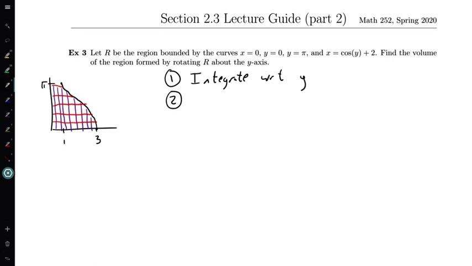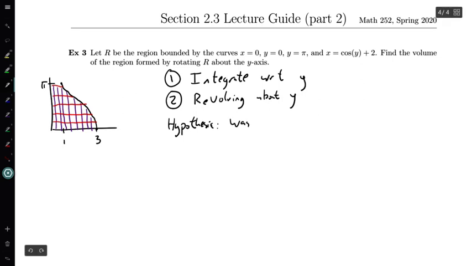Second, we want to think about which axis we are revolving about, and we are revolving about the y-axis here. So the hypothesis that we want to form is that since the variable of integration and the axis of revolution are the same, we want to think about the washer method here.